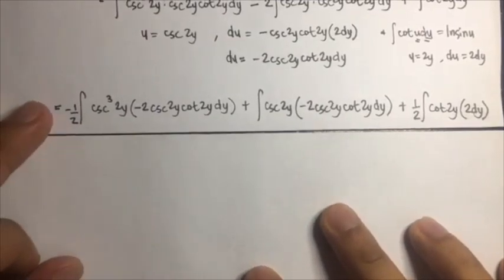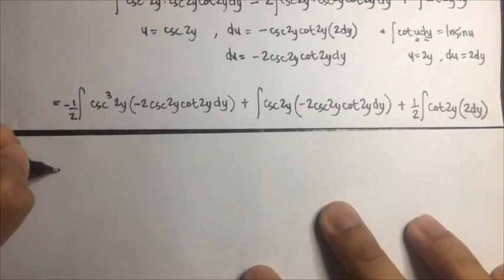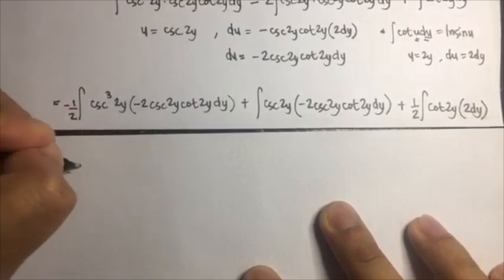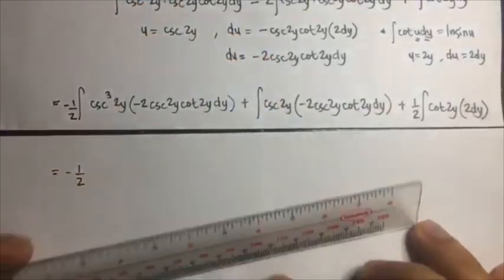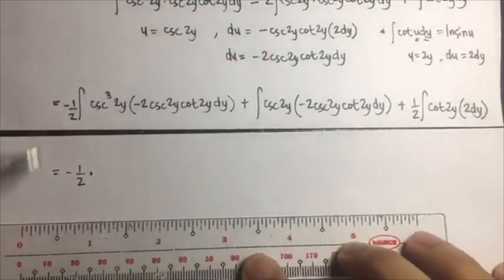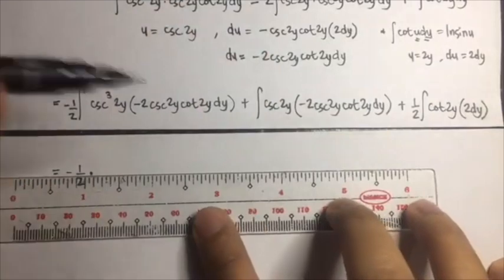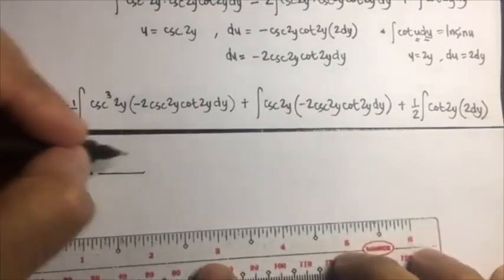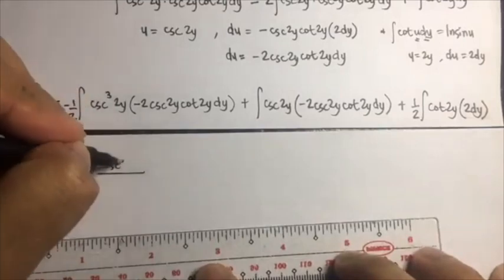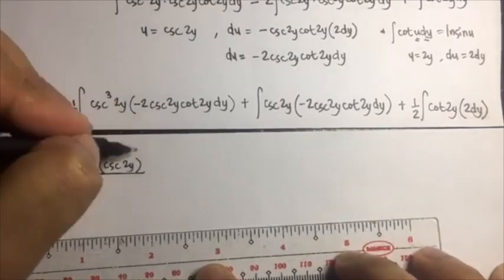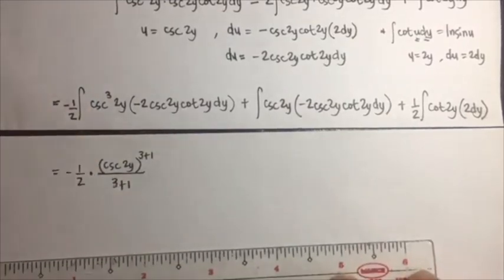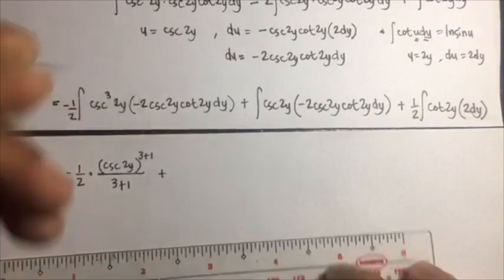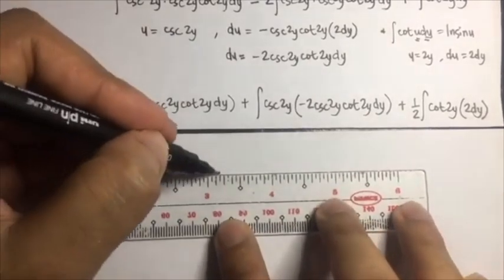Okay, so with that, let's now proceed with the general power formula. So this will become negative 1/2 multiplied by the power formula, so u raised to n plus 1. So our u is cosecant of 2y. So therefore, we will have here cosecant of 2y raised to 3 plus 1 over 3 plus 1. Okay, so plus, power formula again for the second term.